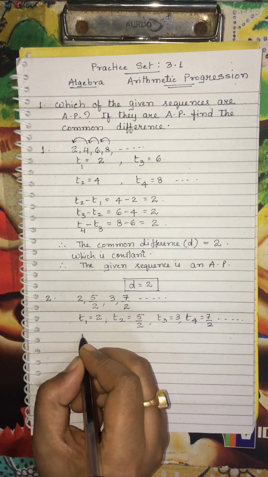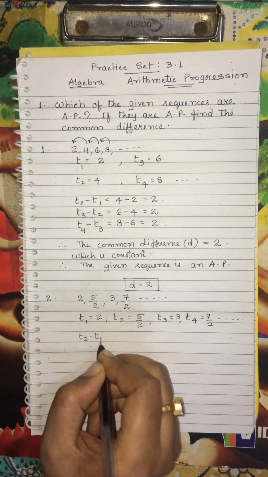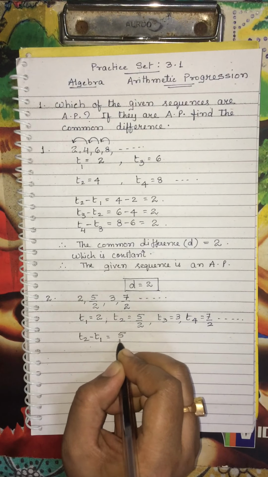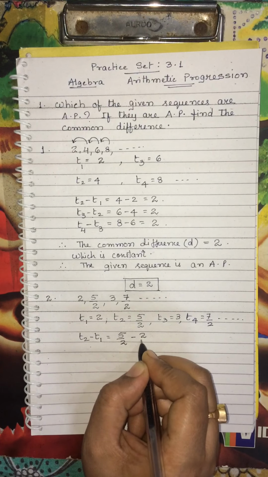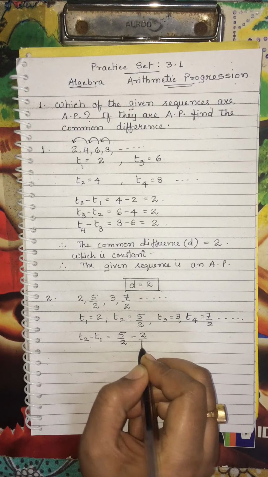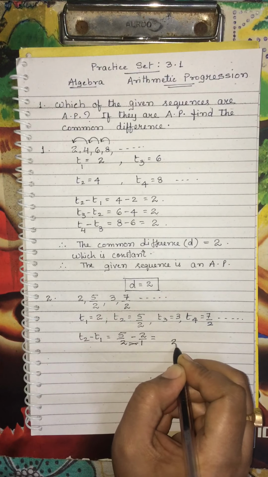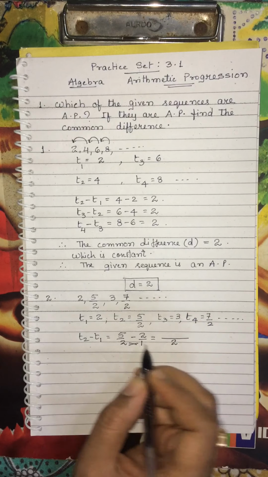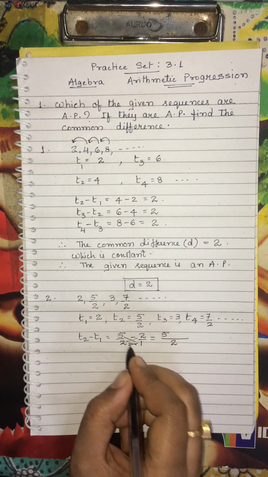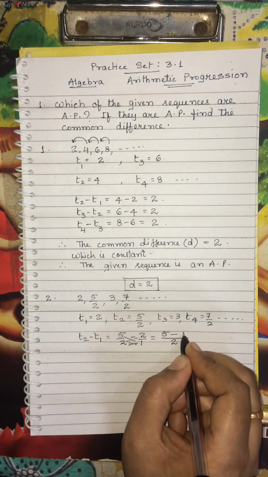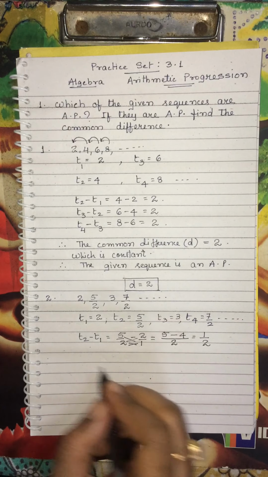Now when we are finding the difference between two terms, T2 minus T1 is equal to 5 upon 2 minus 2. The 2 is having the denominator as 1, so therefore the LCM of the denominators, cross multiplication, and again the cross multiplication with the numerator, 5 ones are 5 and 2 twos are 4, that gives us 1 upon 2.